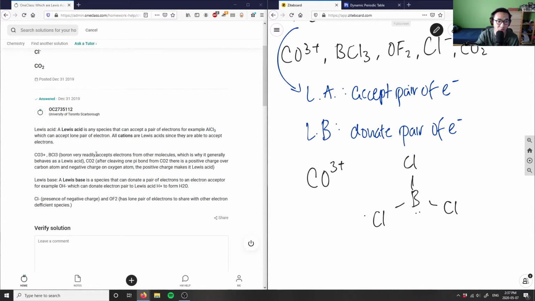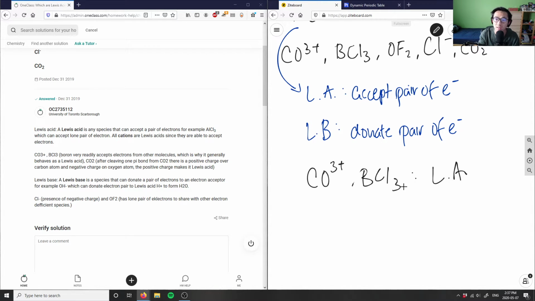Because boron very readily accepts electrons from other molecules, it generally behaves as a Lewis acid. I could actually get BCl4 here, if I accept another pair of electrons on chlorine, and that would make it a tetrahedral shape, right? So boron's actually very, very good because it's always a good Lewis acid, because it can always accept pairs of electrons. So CO3 plus and BCl3 are both Lewis acids.